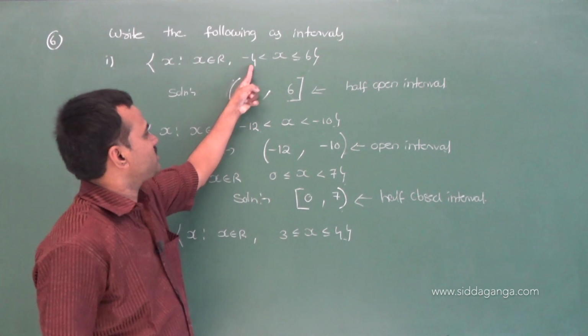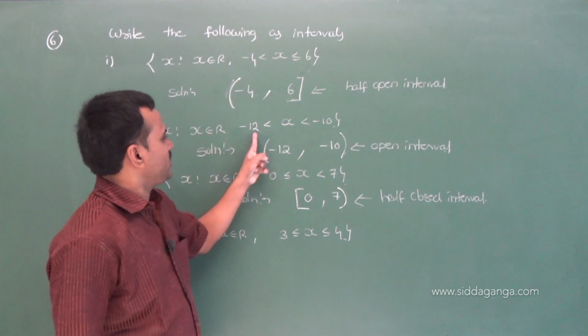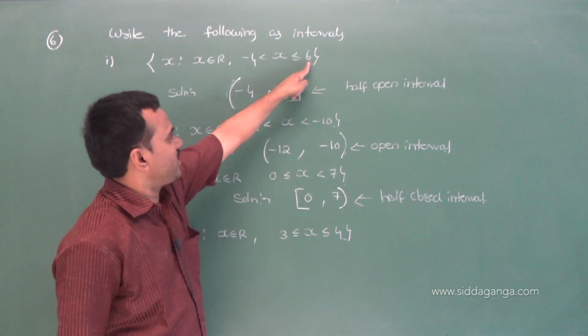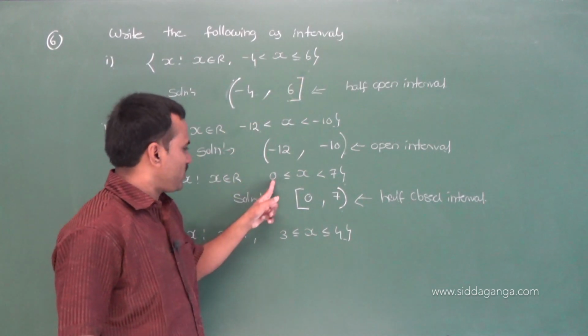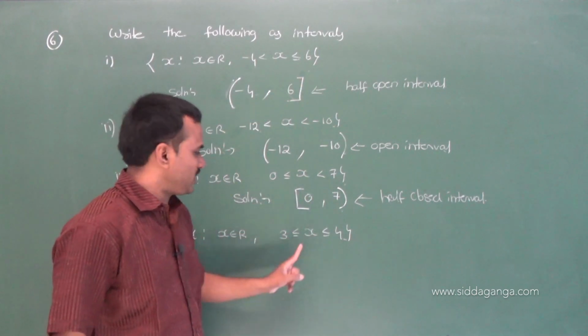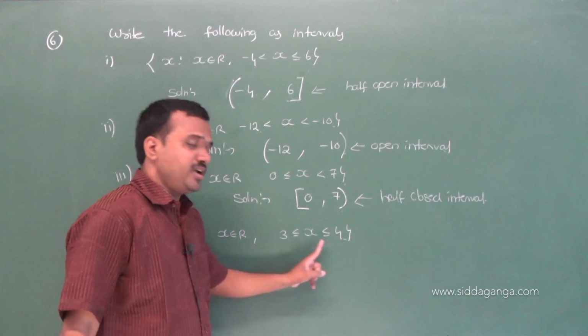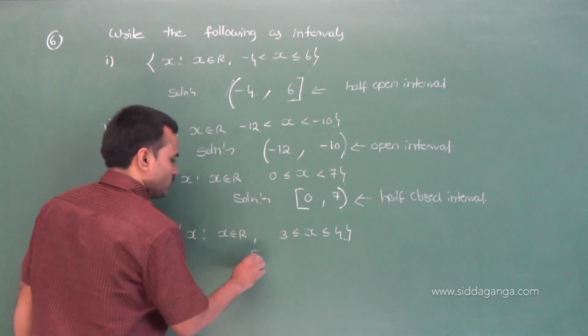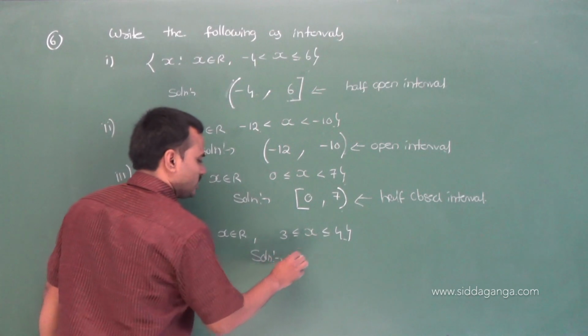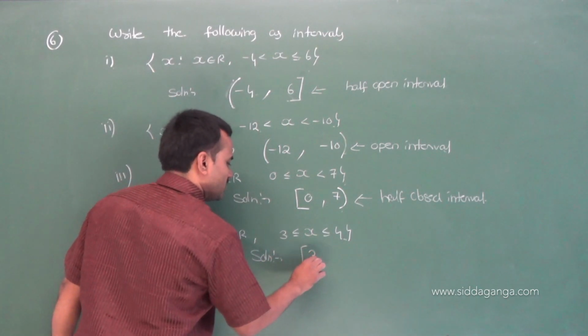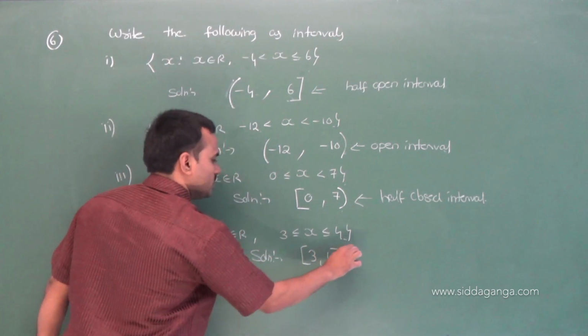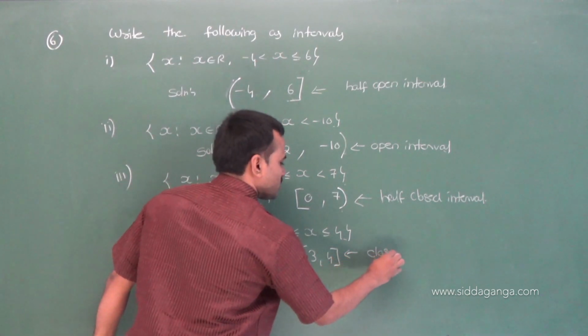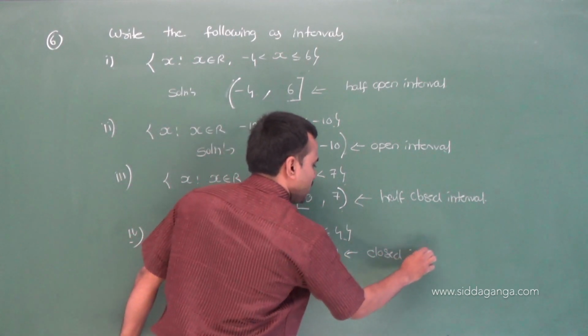Here an end point is excluded. Here also an end point is excluded. Here the end point is included. Here one end point is included and one is excluded. But here both end points are included. Solution: you know this one also. According to the definition of closed interval, 3, 4. This we call the definition of closed interval.